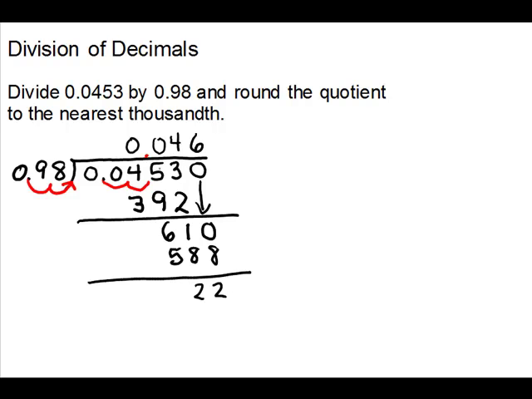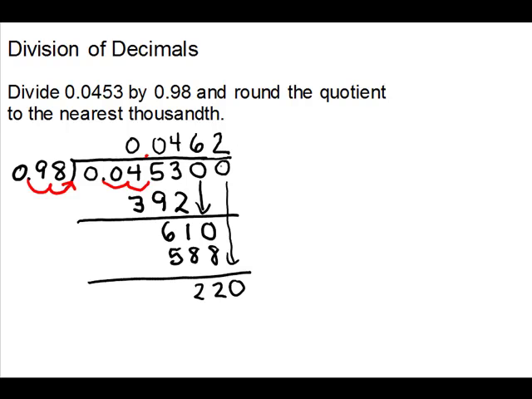Now let's look at our answer. We're at the 10th, 100th, thousandth place. To round to the nearest thousandth, we have to see one more digit. And so we'll add one more 0 and bring it down. And then we'll divide 98 into 220. We just need to see how many times it goes. And this is only going to go 2 times.